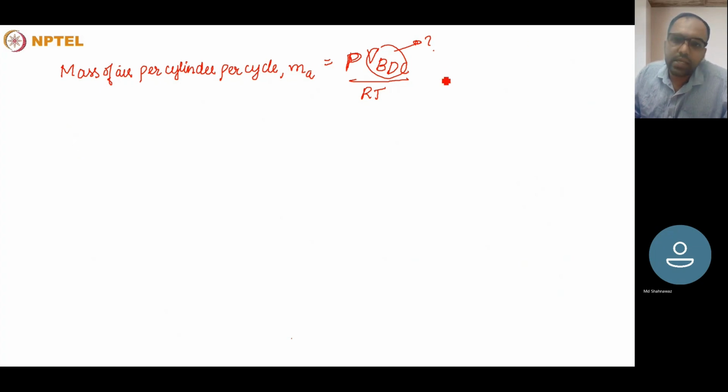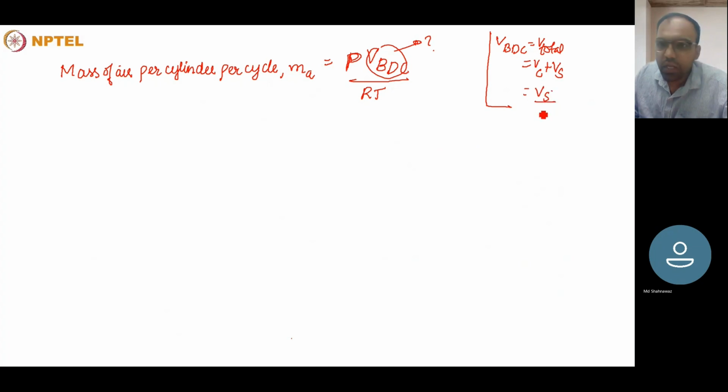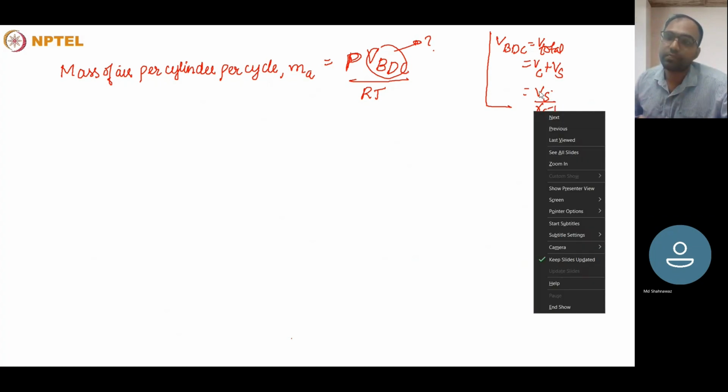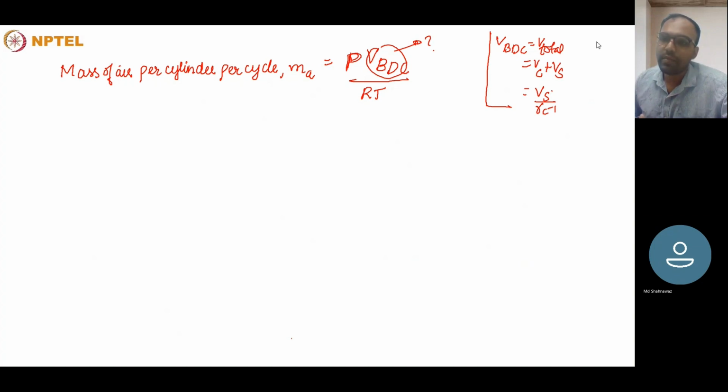So VBDC is equal to V total equal to V clearance plus V stroke volume. So the clearance volume is equal to the stroke volume divided by compression ratio RC minus 1, because compression ratio is the ratio of the total volume divided by the clearance volume.